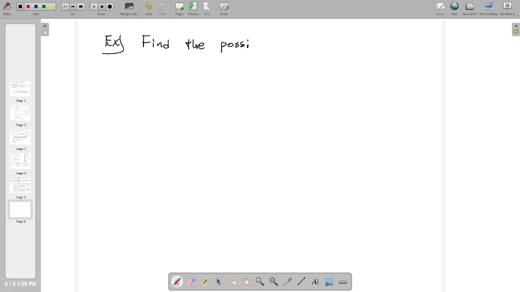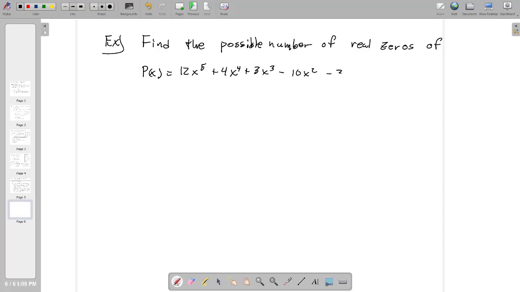Example, find the possible number of real zeros of P of x is equal to 12x to the 5th plus 4x to the 4th plus 3x cubed minus 10x squared minus 3x plus 21.